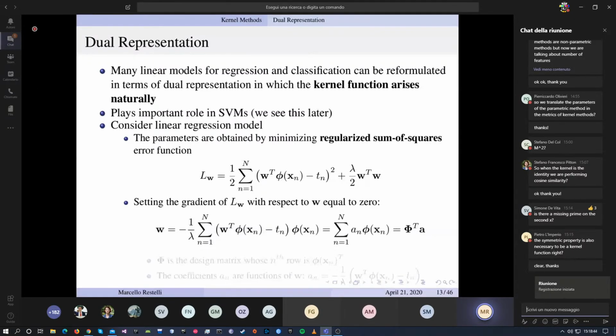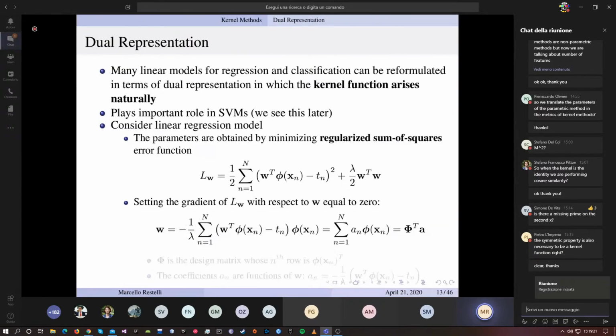So again, you take the loss function of the ridge regression, you derive with respect to W, and you put it equal to 0. And then you rewrite this equation. So this equation simply holds when the gradient is equal to 0. Now, we rename the term -1 over lambda times (W transpose phi of xn minus tn) as An. So we introduce actually new variables.